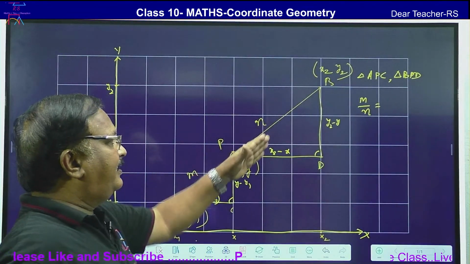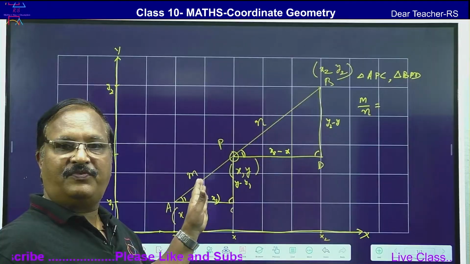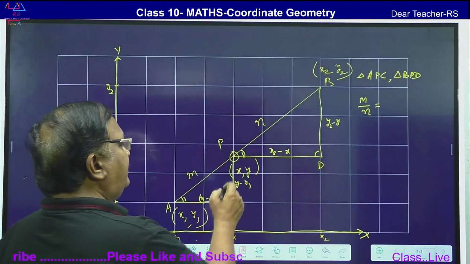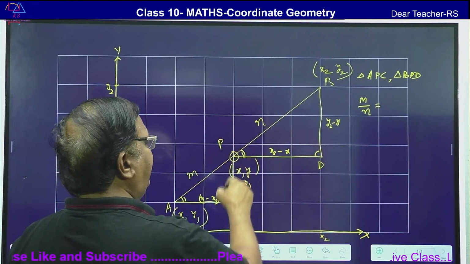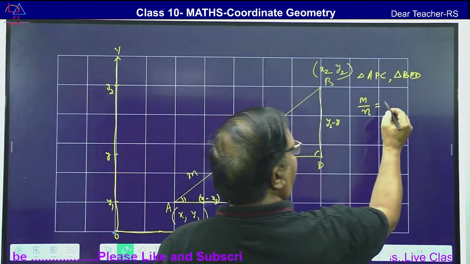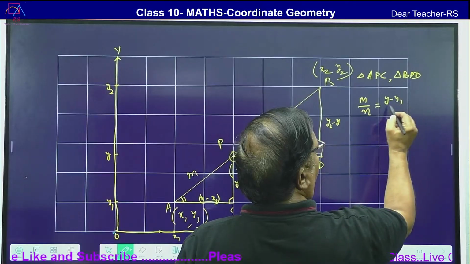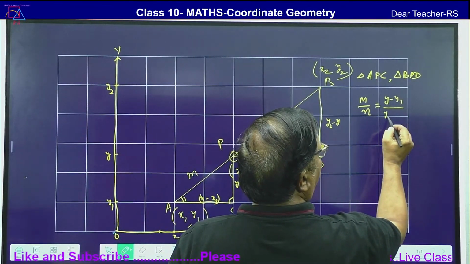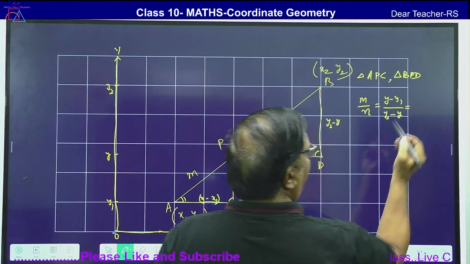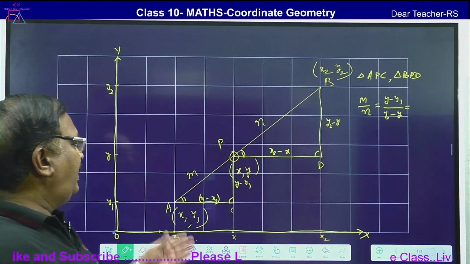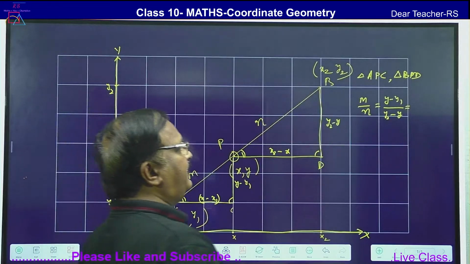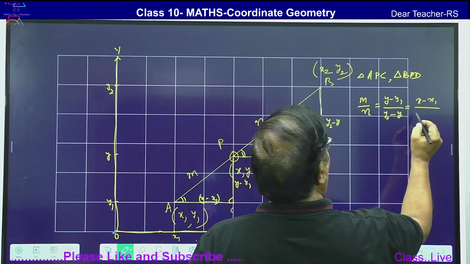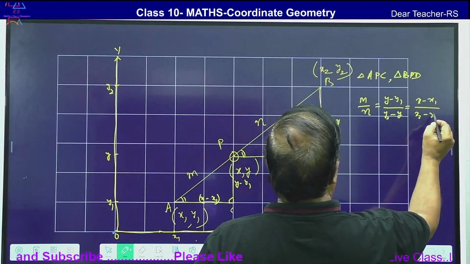So our ratio of hypotenuses is m by n. Now the ratio of vertical distances, y minus y1 by y2 minus y, is equal to the ratio of horizontal distances, x minus x1 by x2 minus x.